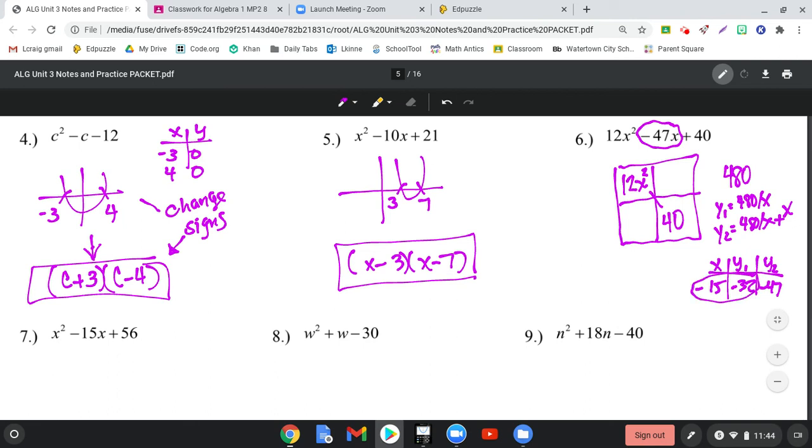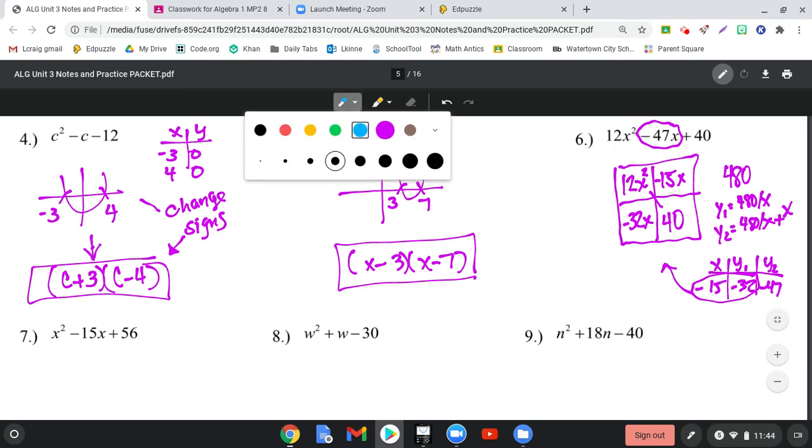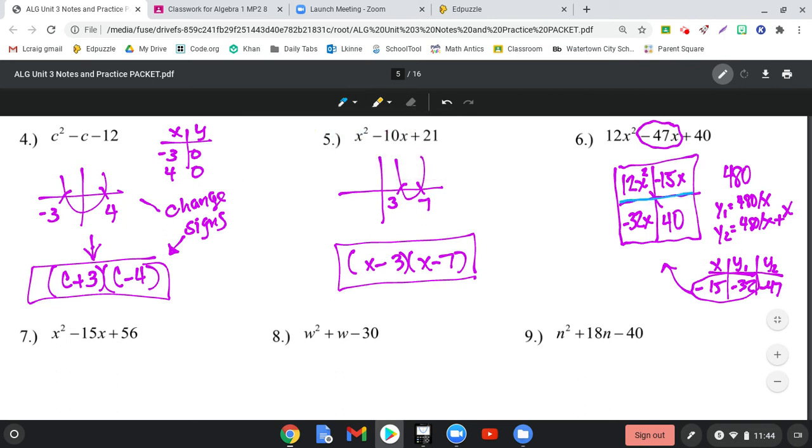And remember, now we just put those in the other boxes. Doesn't matter which one. And now we're going to put our puzzle pieces together here. Find the GCF. What goes into 12 and 15? We know they both have an x, but what goes into 12 and 15? 3.